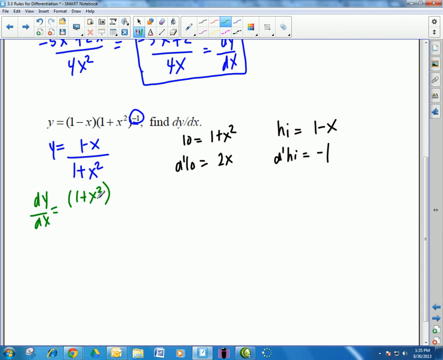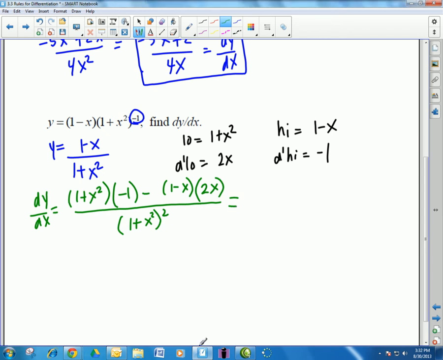So low d high minus high d low all over low low. So that's the quantity of 1 plus x squared, squared. And again, folks, that's the calculus. The rest of it is just algebra. Calculus is the easy part here. If you don't have strong algebra skills, you're going to really struggle. So why don't you go ahead and finish this one on your own, then come back to the video to see how you did.